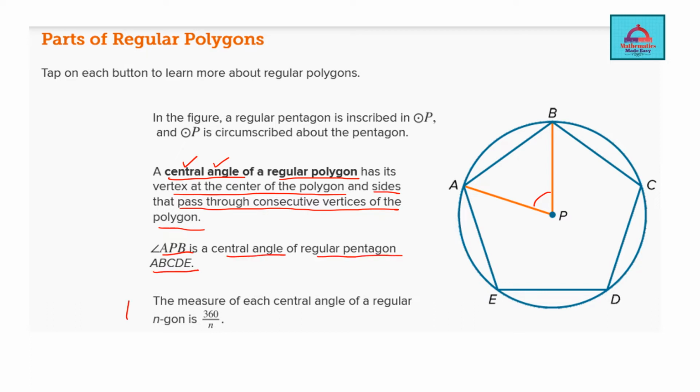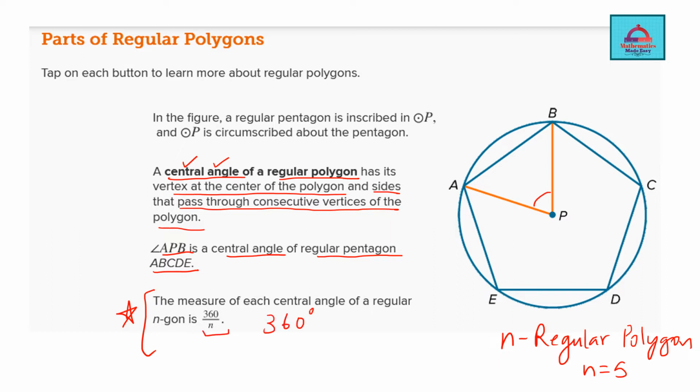Now there's an important formula that you will use to measure the central angle. If the polygon has n equal sides, it's a regular n-gon. Here n is 5 because it's a 5-sided polygon. So each central angle measures 360 degrees divided by 5. Now you can do this calculation.